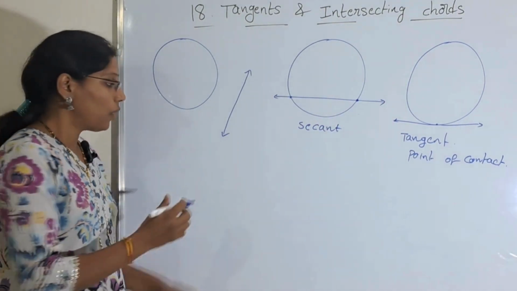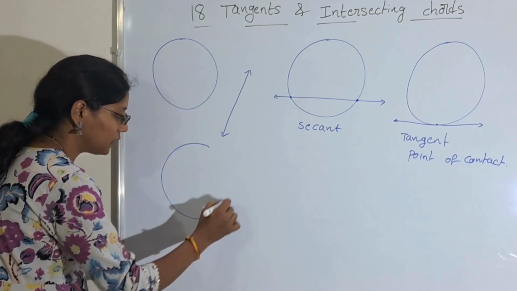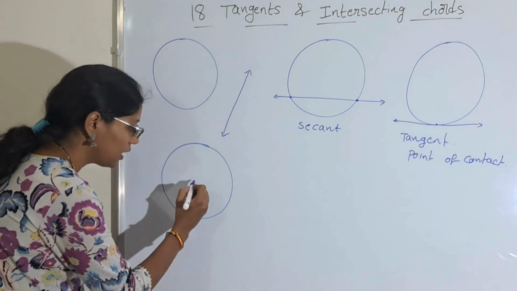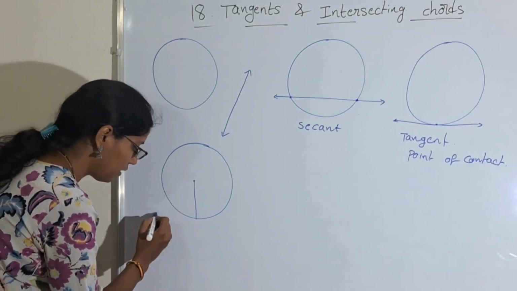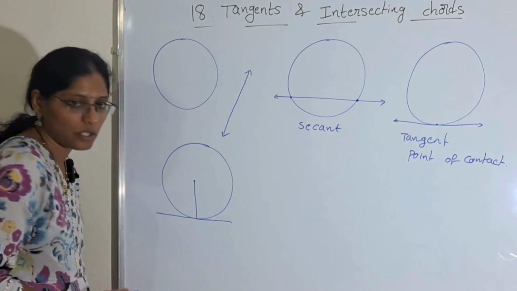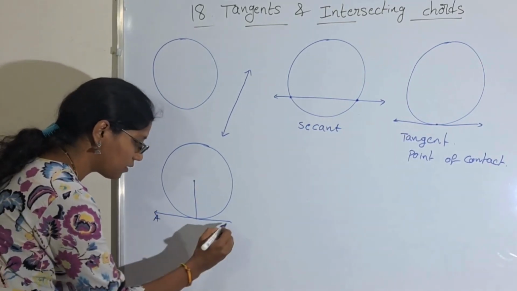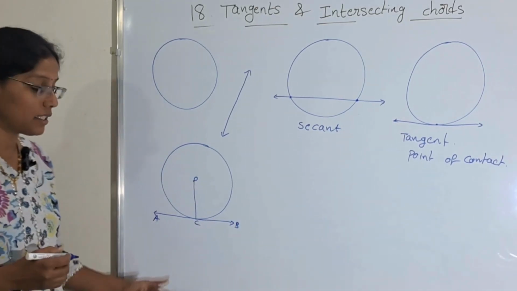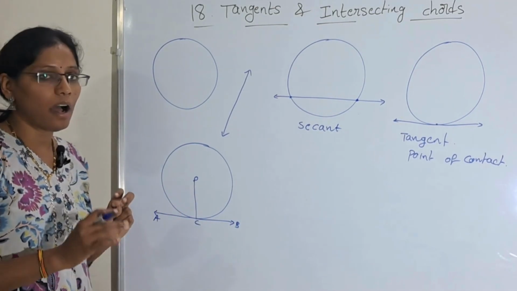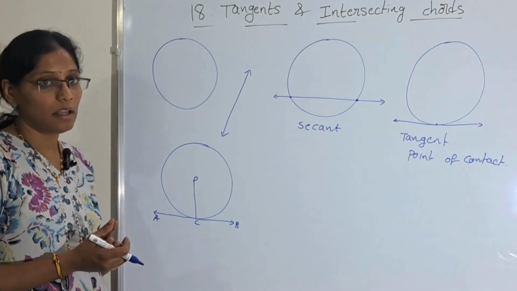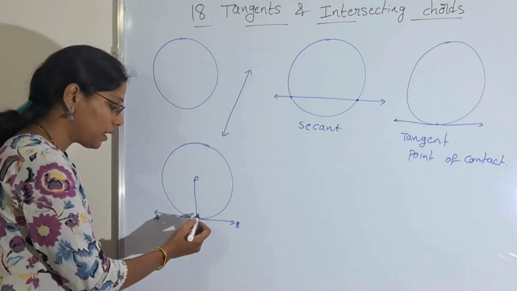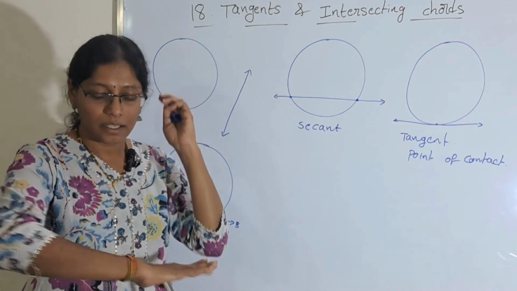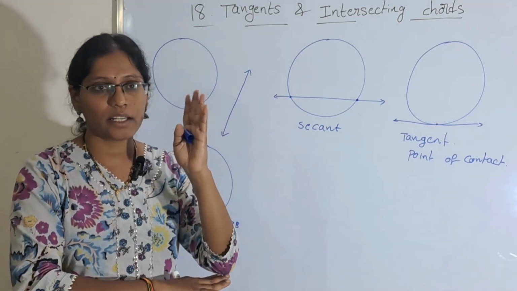Next, one more. Here we should observe this is a circle. This is the center of the circle. This is the radius. What is this? Tangent. AB is the tangent. OC is the radius. Tangent and radius are always perpendicular lines. Perpendicular means exactly 90 degrees it will come. This is the tangent and this is the radius.